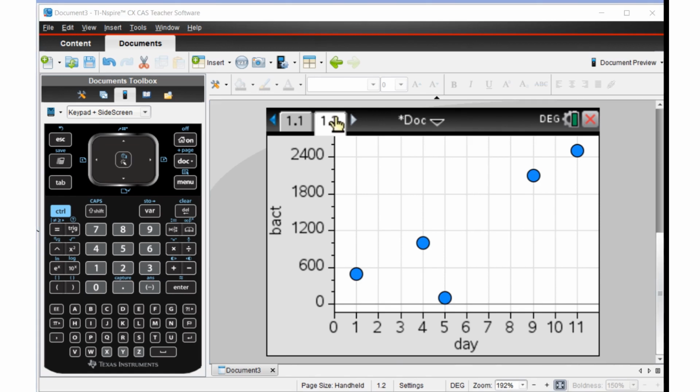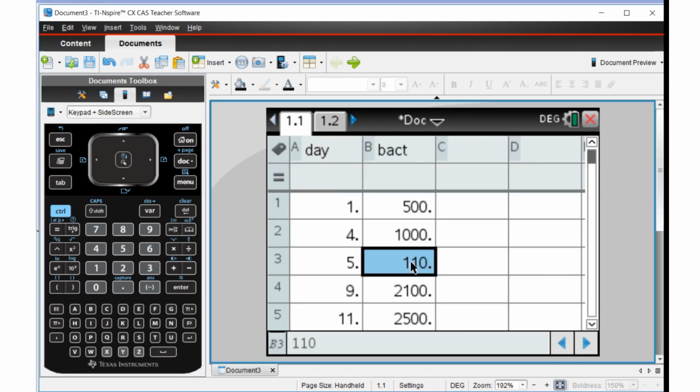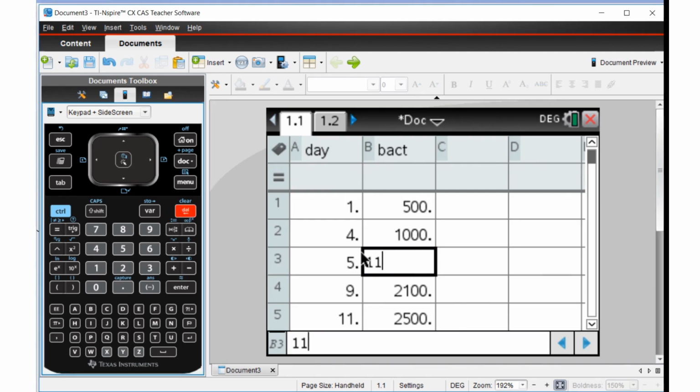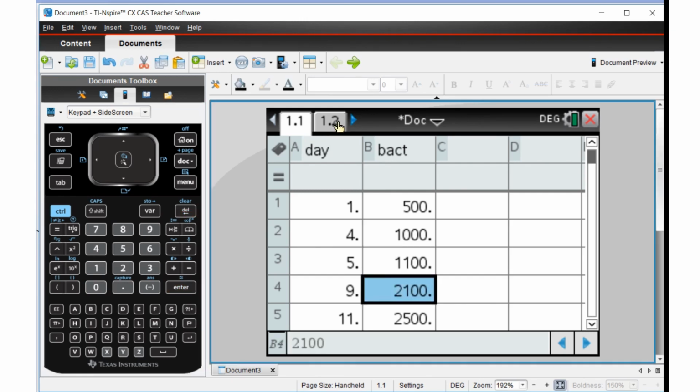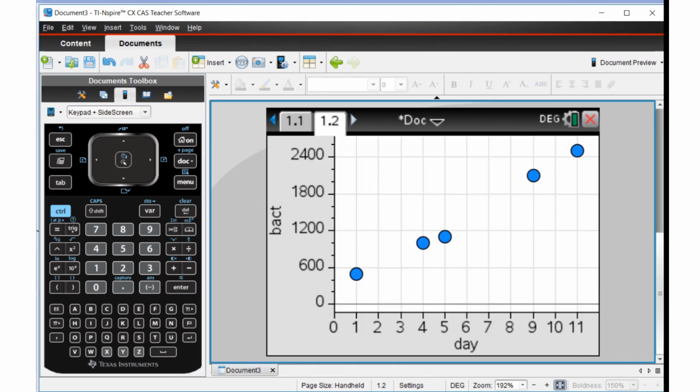Sorry about this, I've just realized I didn't properly put the number in here. That should be 1100. Okay, that's now reflected in our graph. That looks much better.